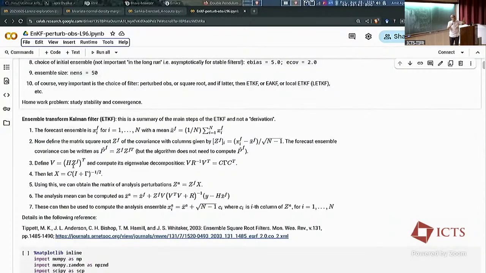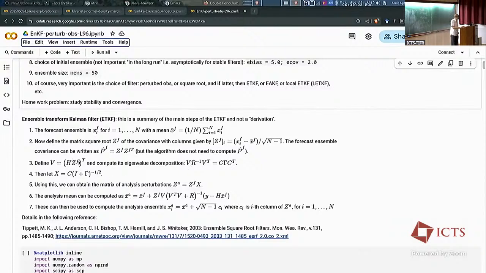H maps to the observation space. So if you have 10,000 observations, V will be a 10,000 cross 100 dimensional matrix, or the other way around, there is a transpose to it.